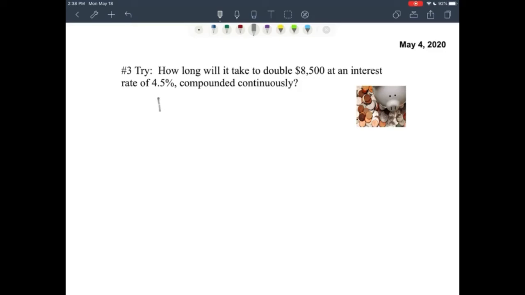Okay, our answer is, make sure you press pause if you haven't done that yet. If you're back to get the answer, it is 15.403 years. And I'll quickly show you the setup. We've got 17,000 equals 8,500 times e raised to the 0.045 t power.